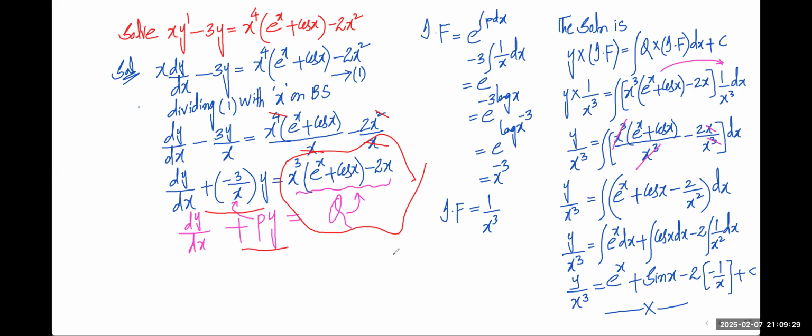If it is 2y, the coefficient of y is 2. So the coefficient of y is always the p value, and the terms which do not have the coefficient are always the q value. Compare with dy by dx plus p of y is equal to q. Whatever equation you get, the term with y is called the value of p, and the term which is alone is called q. Got the point?